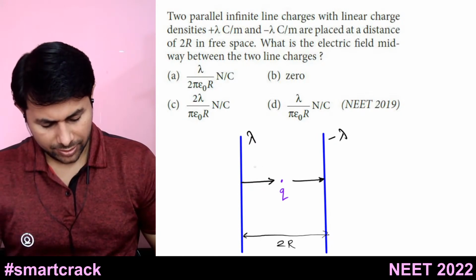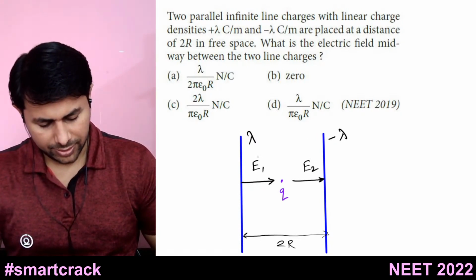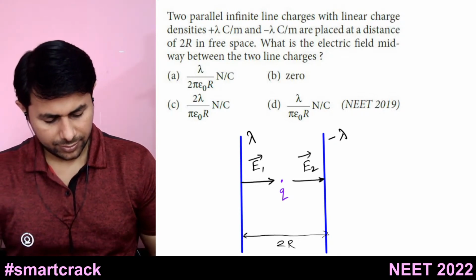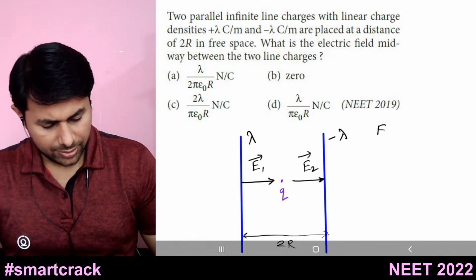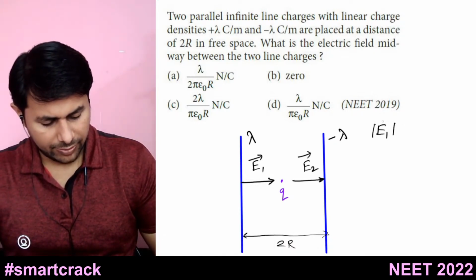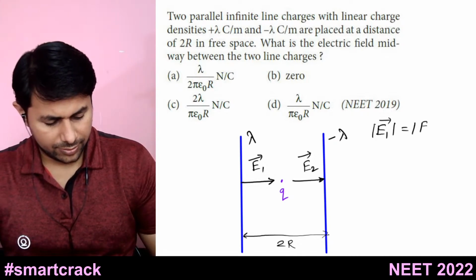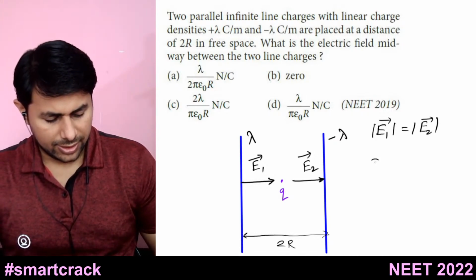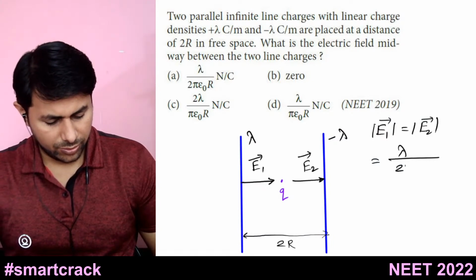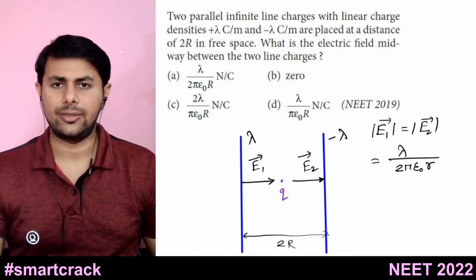So how much is the magnitude? Let's say this is E1, this is E2. The magnitude of E1 is equal to the magnitude of E2, and we know it is lambda upon 2 pi epsilon naught r.